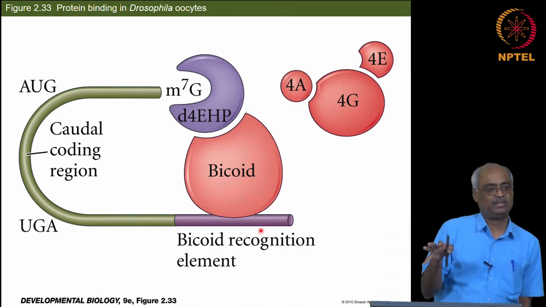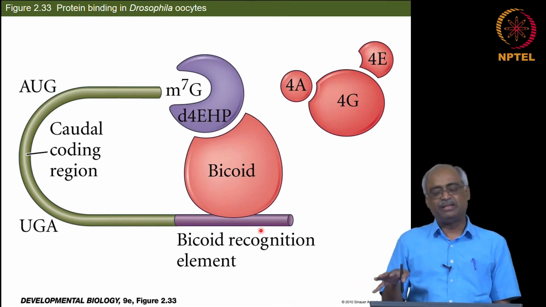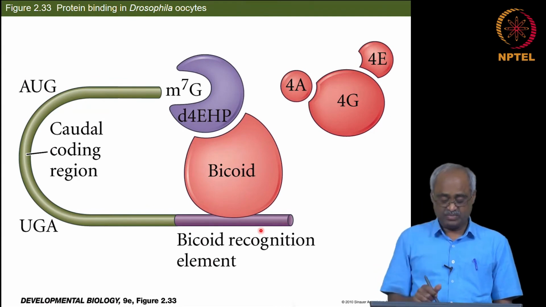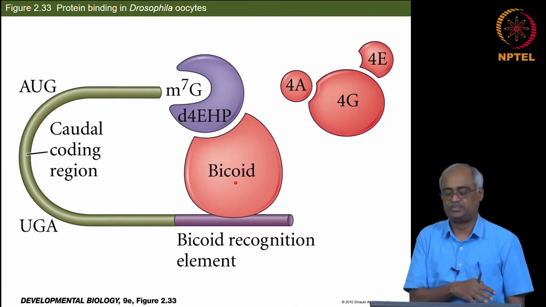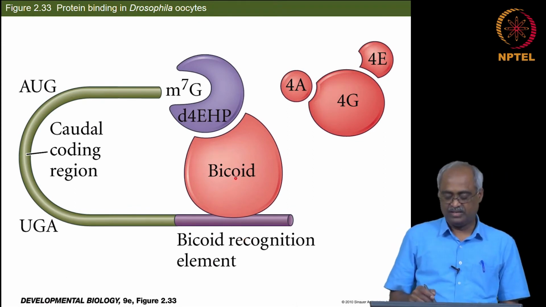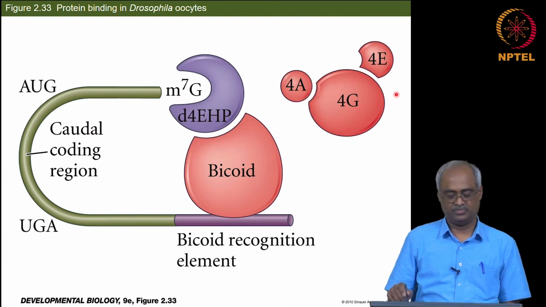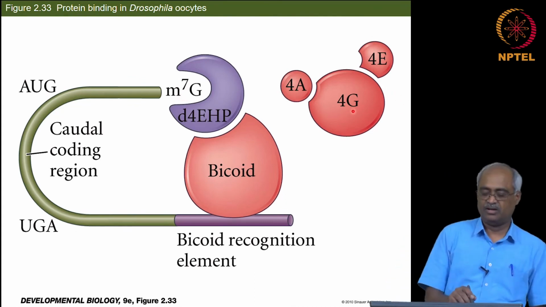So, this caudal is required for posterior development, or rather to prevent the posterior development in the anterior, okay. So, this needs to be suppressed, and that is done by bicoid, which promotes normally anterior development, and when it binds to this, it recruits another new protein which binds to the methyl cap, and this excludes all the initiation factors. So, this is how it prevents the translation of caudal mRNA, okay.